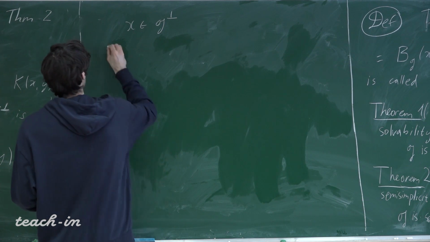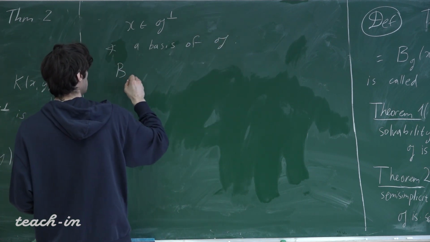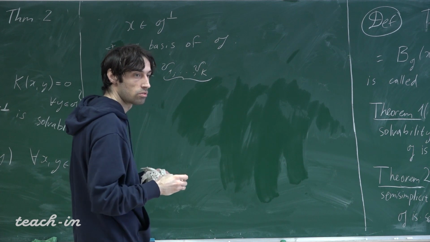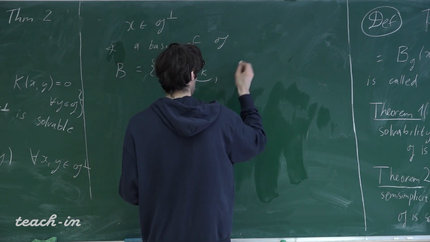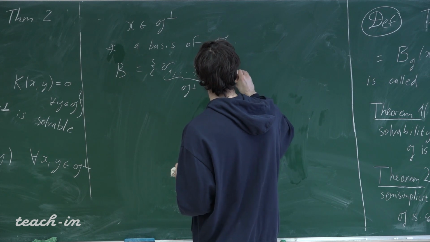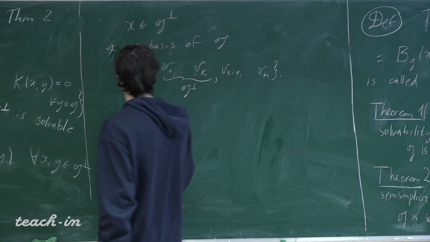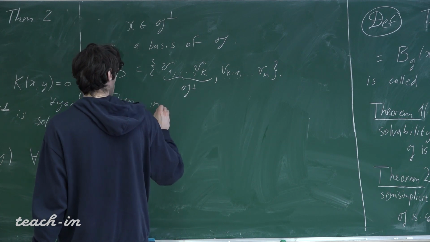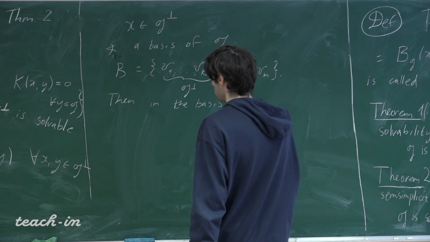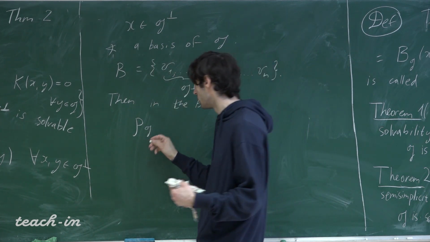So consider a basis of G, the following one, B: first you have k elements that form a basis of G orthogonal, and then the rest is just a completion to a basis of G. Then in the basis B, my rho, the adjoint representation of G, of x.